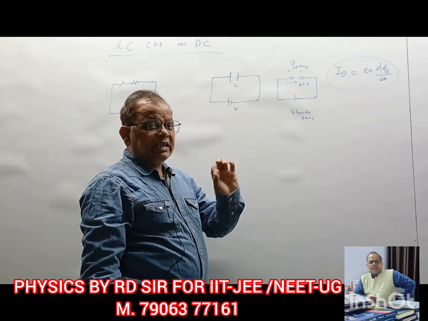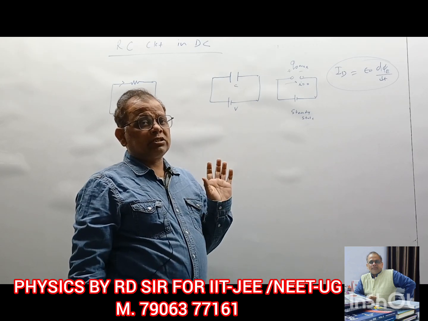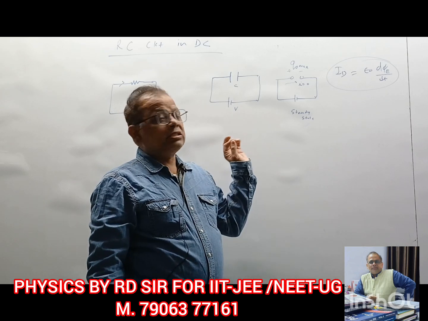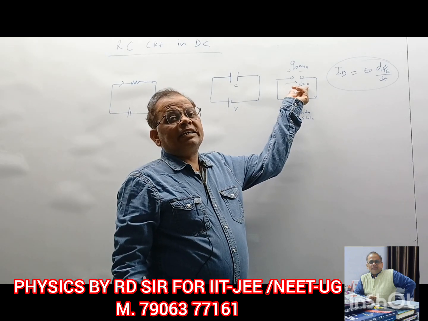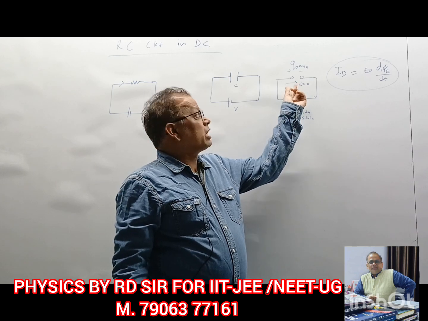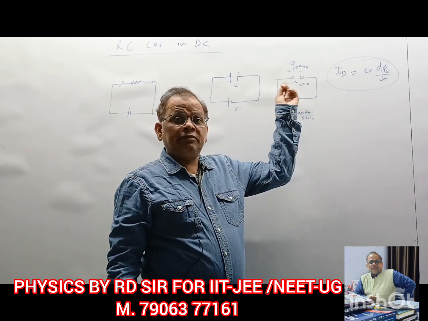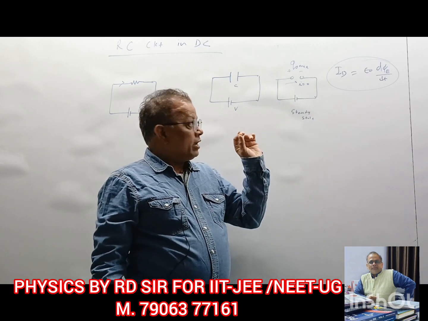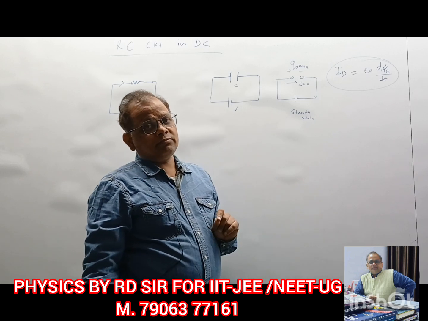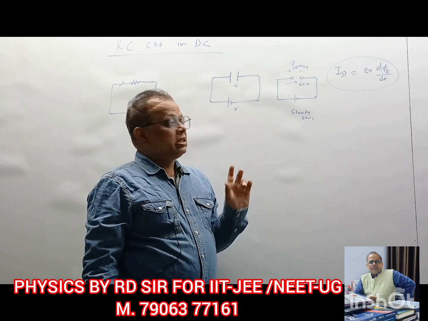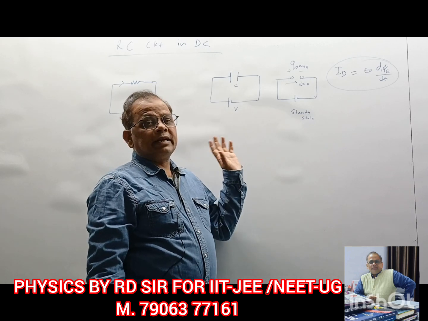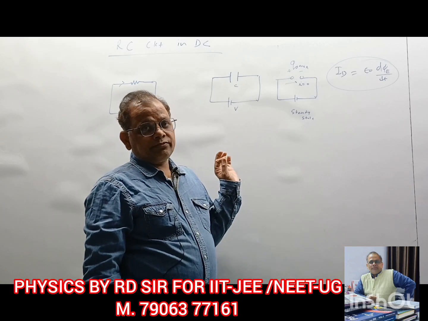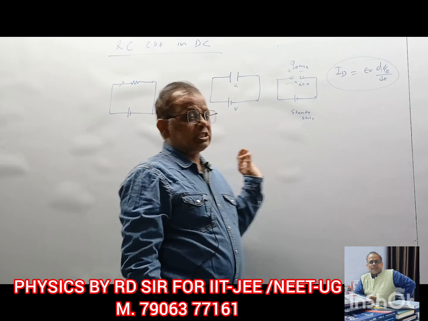After getting full charge, the capacitor behaves as an infinite resistance, so the flow of current will stop. This state is called the steady state. There is no current flow in the circuit.